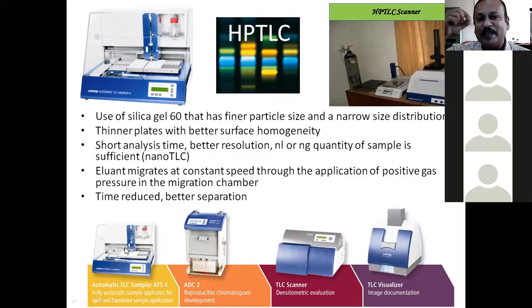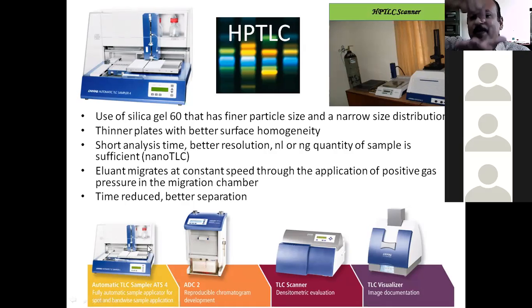That is actually a small needle or a capillary, and that particular thing will take up your sample. A fixed amount of the sample can be taken up, for example 2 microliters or 1 microliter, using vacuum. Then this applicator will turn and go to the TLC plate placed at the lower side here.